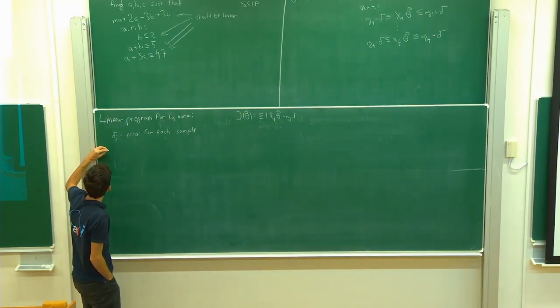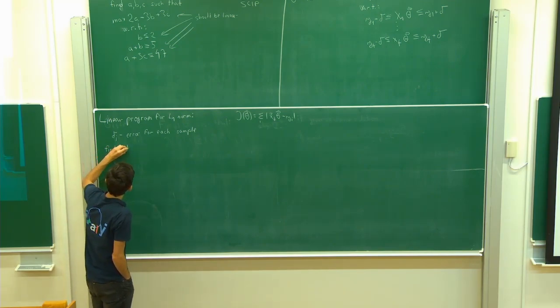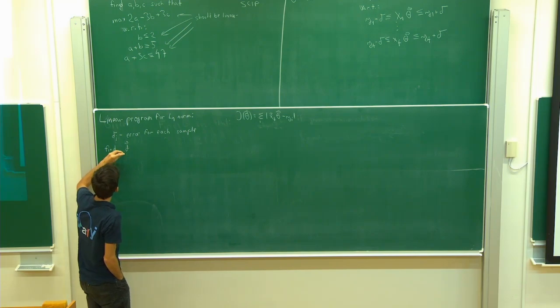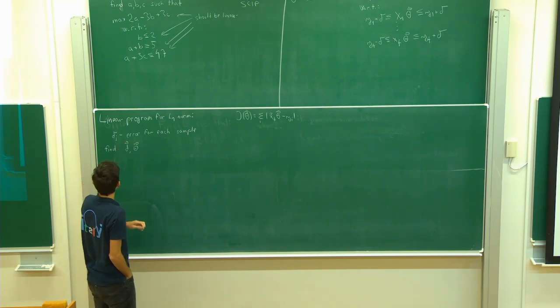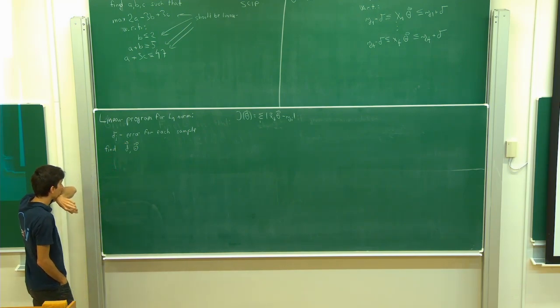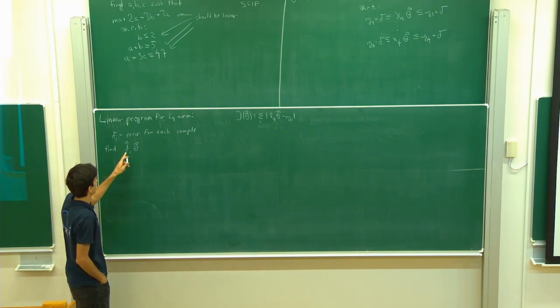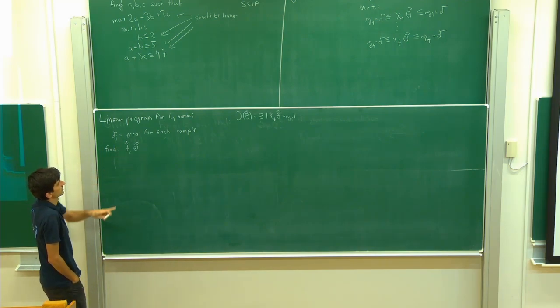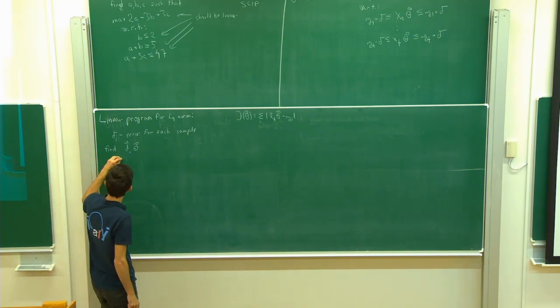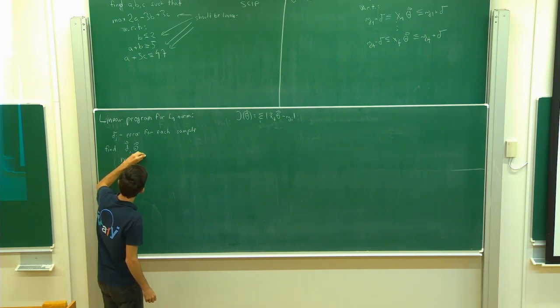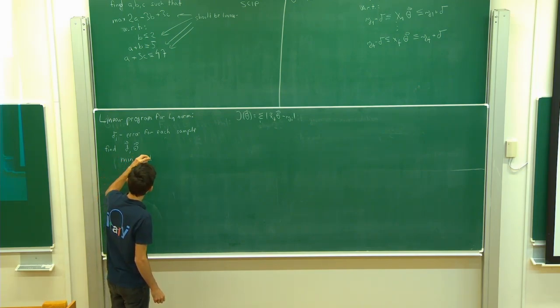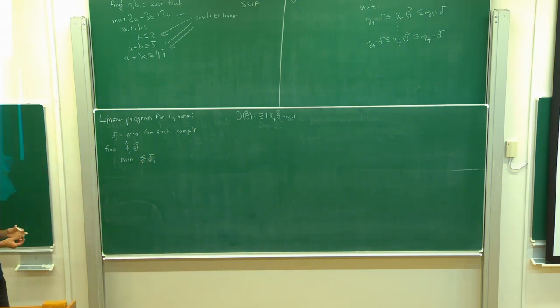But again, what we want to do is find a vector of deltas for each sample and a vector of thetas for each attribute. We want to minimize the sum of errors, which is good.